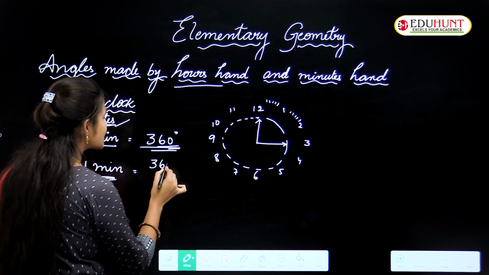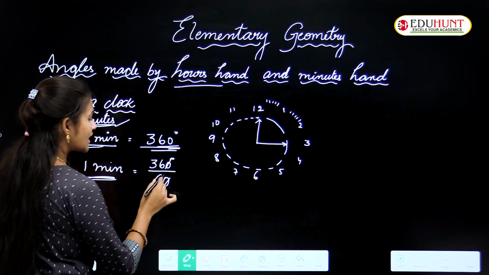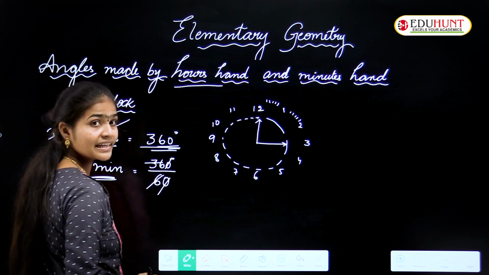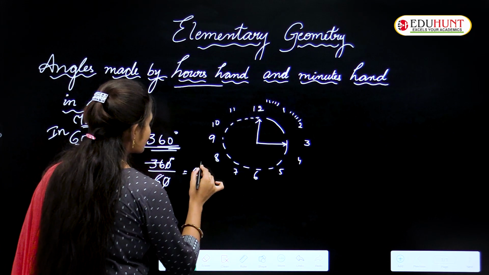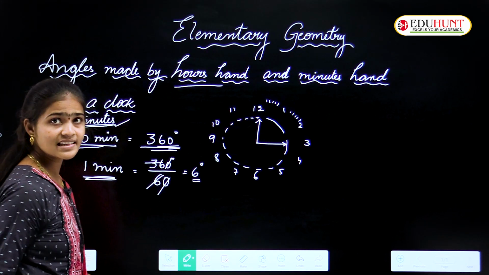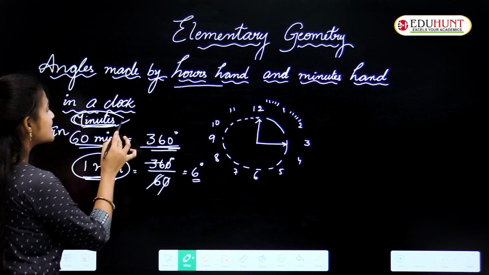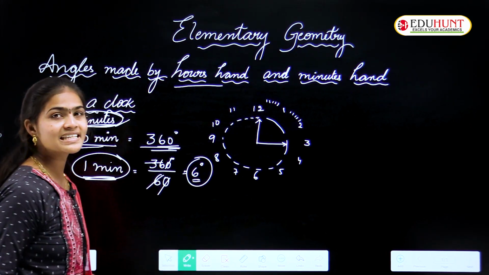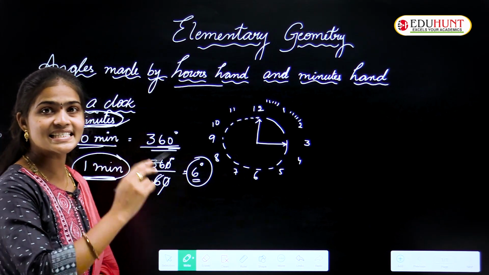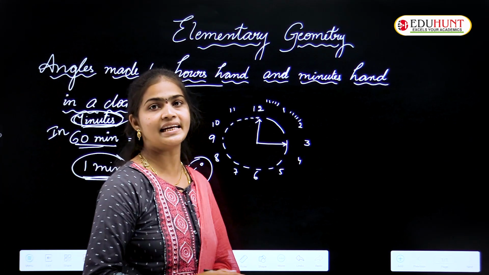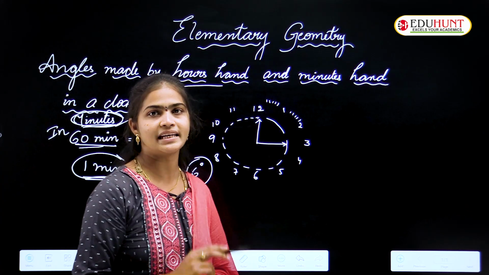That is 360 degrees by 60. Here 0 and 0 get cancelled, and 36 divided by 6 is 6, since 6 times 6 is 36. So in 1 minute, the minutes hand covers 6 degrees. The minutes hand covers 6 degrees in every minute.